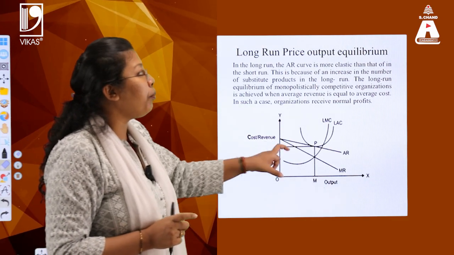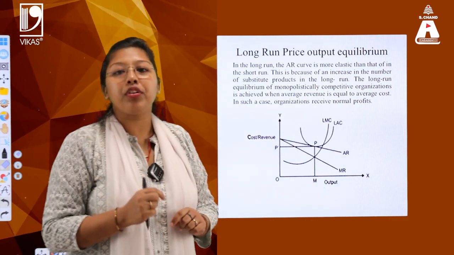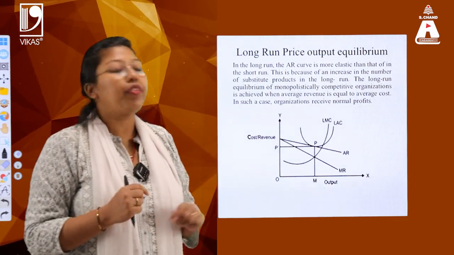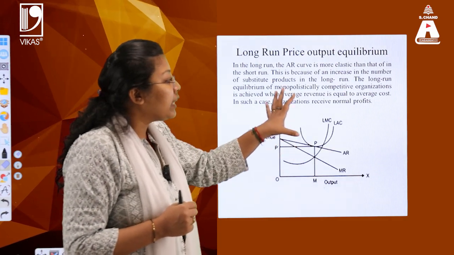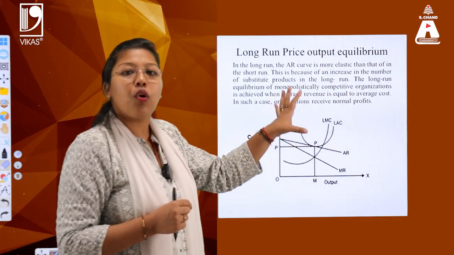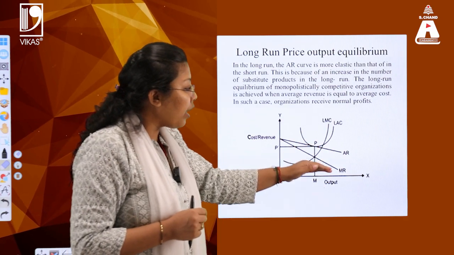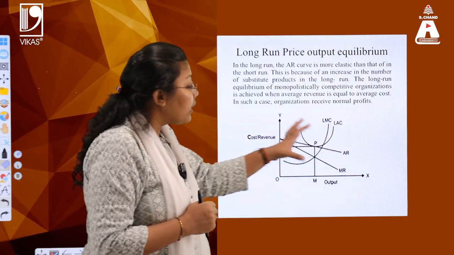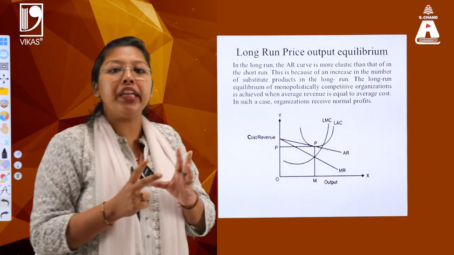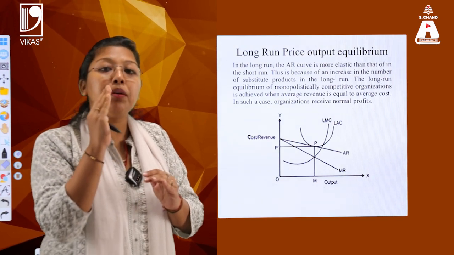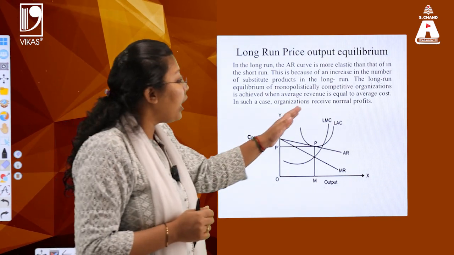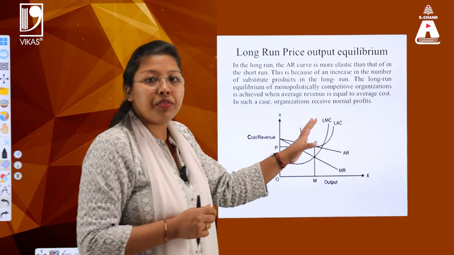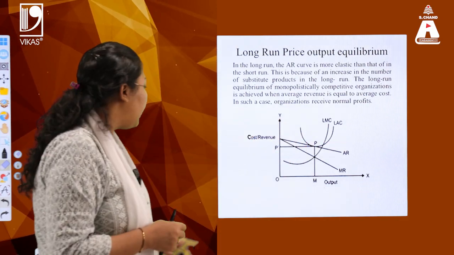This is very important to know: with the long run average cost, long run marginal cost, average revenue and marginal revenue, there is no region for determining profit, but there is a point of equilibrium where the average cost and average revenue are meeting each other.